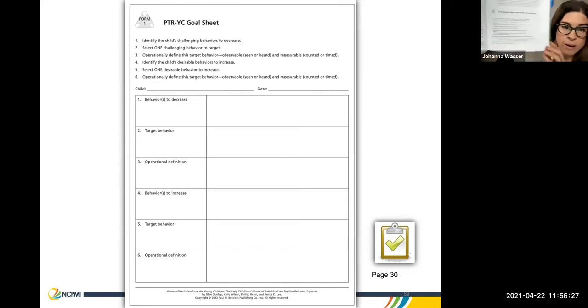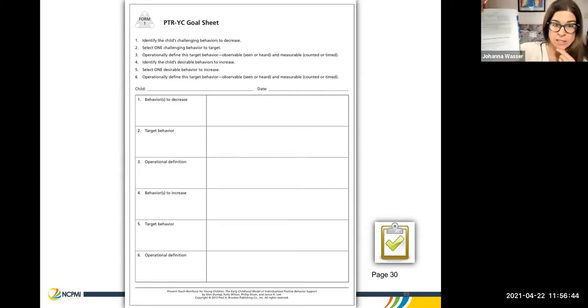And the reason why I'm bringing this to your attention is, one, this is great to photocopy and have available for you too as a facilitator. Also, I'm bringing it to your attention because there are components in here that are not on this document.